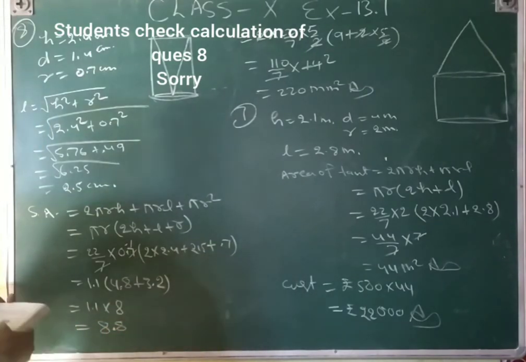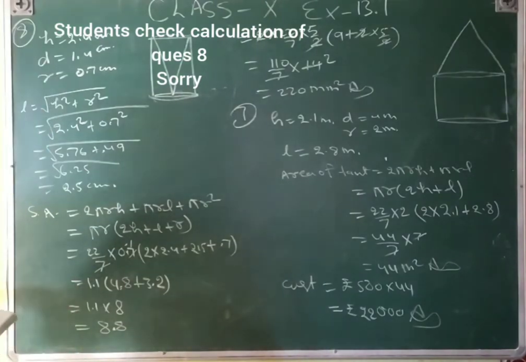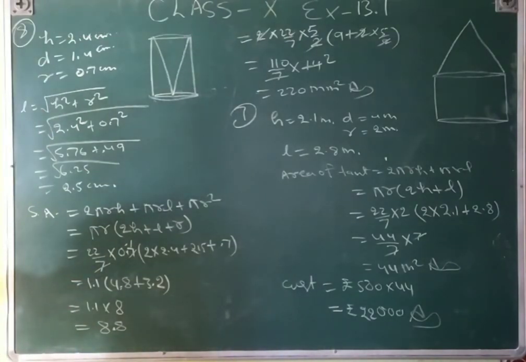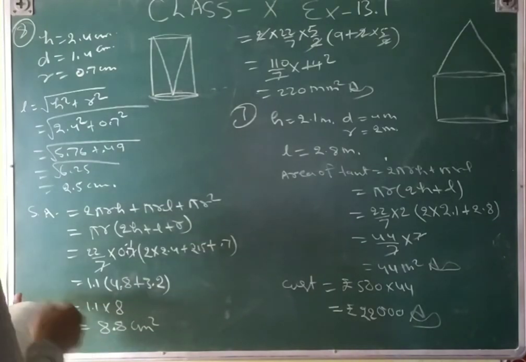That will be centimeter square, nearest centimeter square. Check the answer here from the back side. This is a lengthy calculation, so we need to do it very carefully.